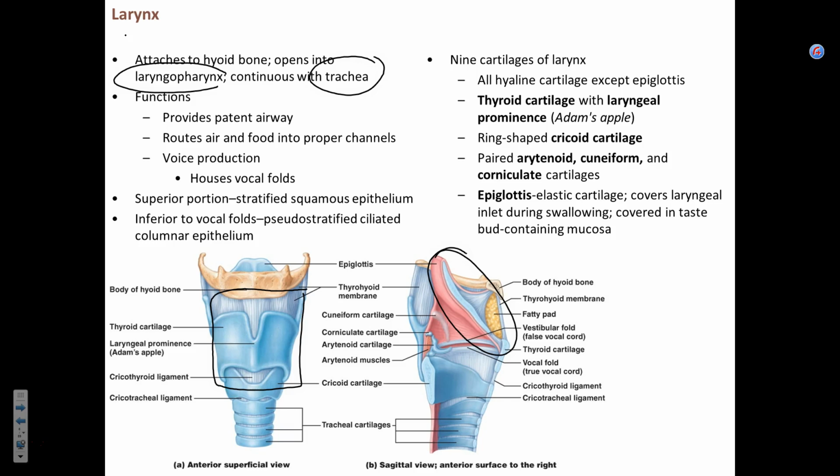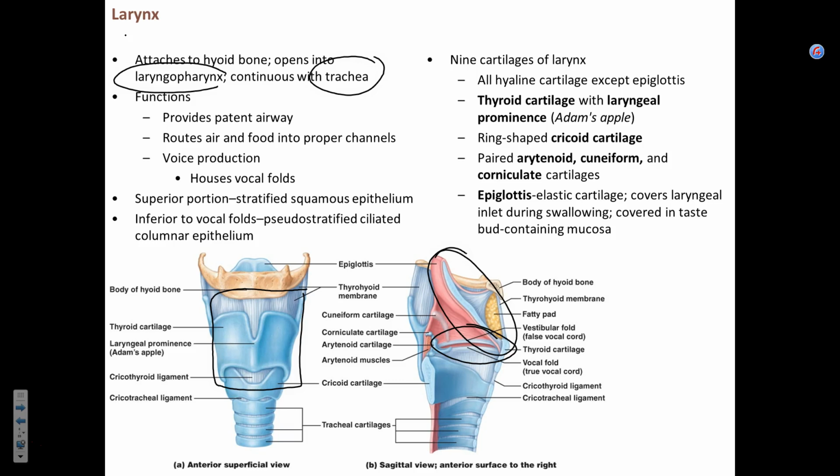Also, inside of the larynx, you're going to find vocal folds, structures that are necessary to produce, listen carefully, sound, not the speech, sound. Does that make sense? We will talk about the difference.